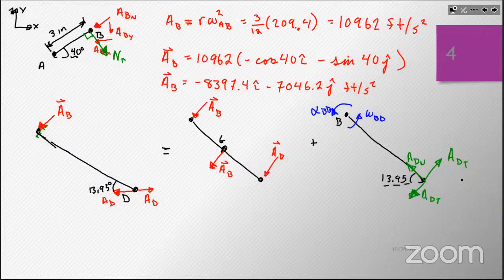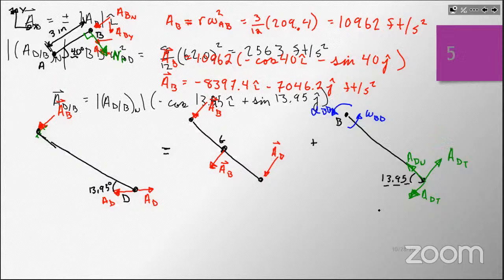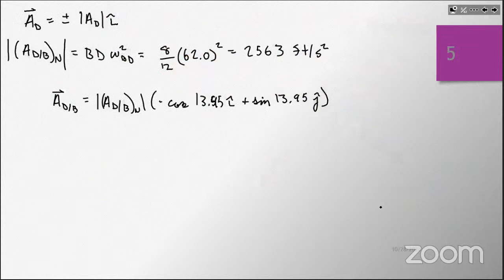Well, they'd have to be to the left and up. That's why we have negative and positive there. Okay, so great, we can do that, and we did the math, in feet per second squared.